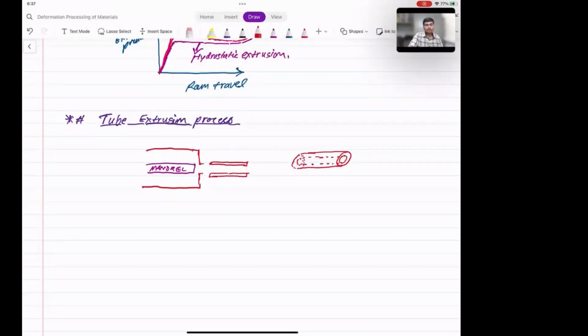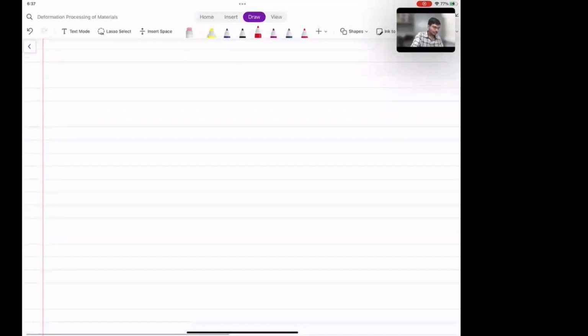Now let us see the die profile which is used for this extrusion process. Okay. So we'll now see the die profile.